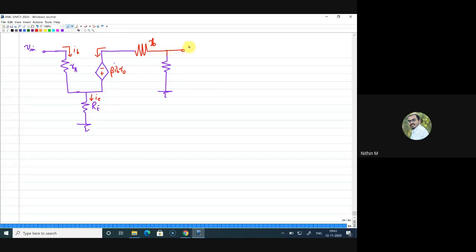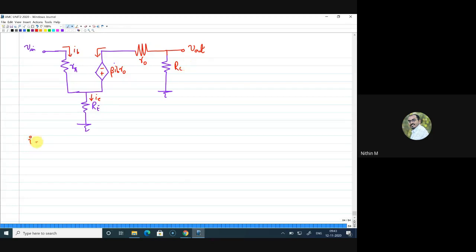This is what we have done. This is V out and this is R naught. This is RC. Right. Now, I'm rewriting the same steps that we did for common source with degeneration.